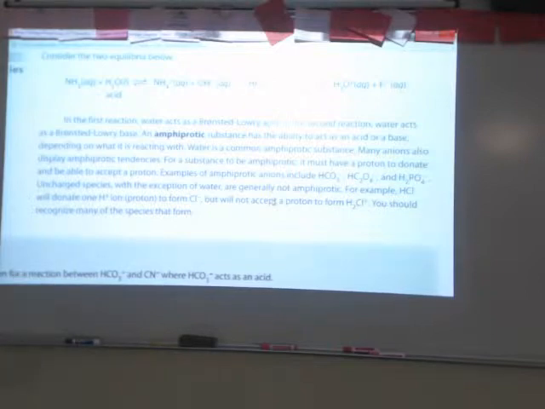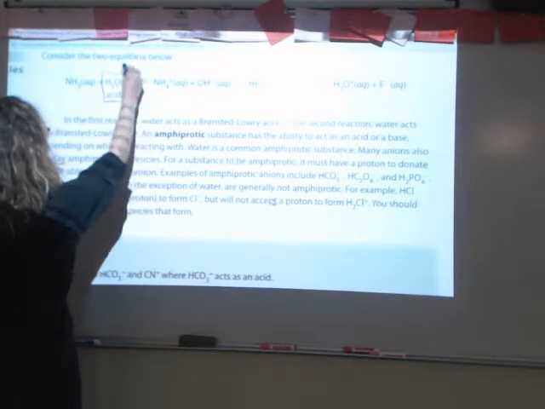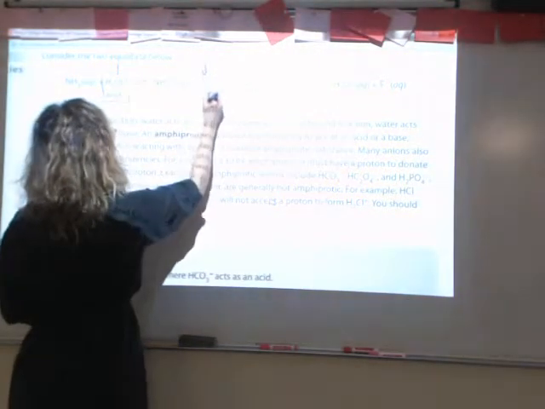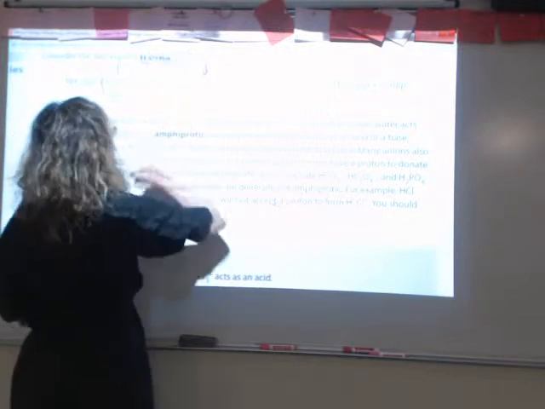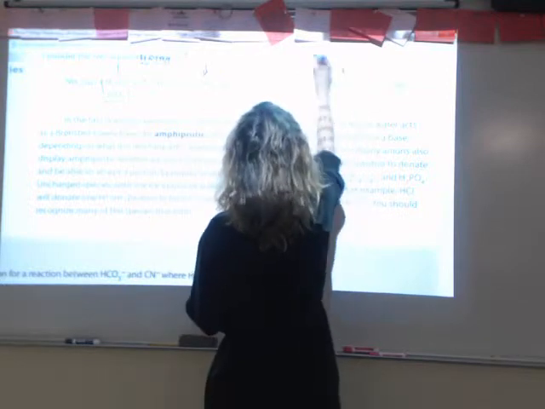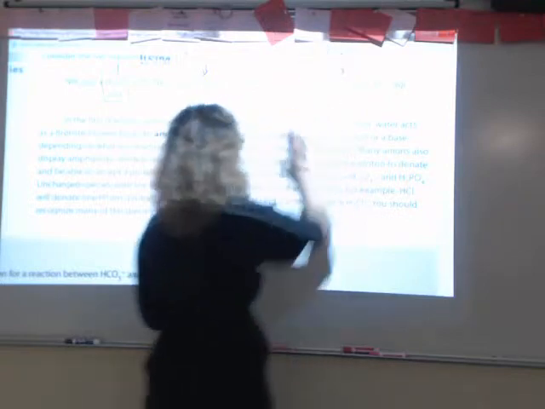So anything that has the ability to act as an acid or a base, depending upon what you've combined it with, is amphiprotic. That's water, okay? So here is water acting as an acid. As you read it from left to right, it is losing a hydrogen ion here. In this example, here is water acting as a base. It is gaining a hydrogen ion in this example, okay?